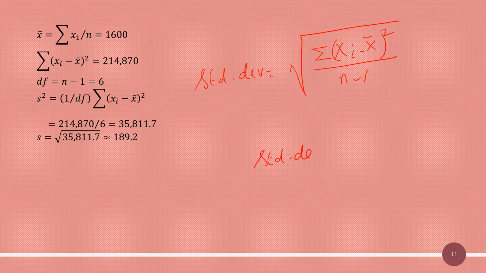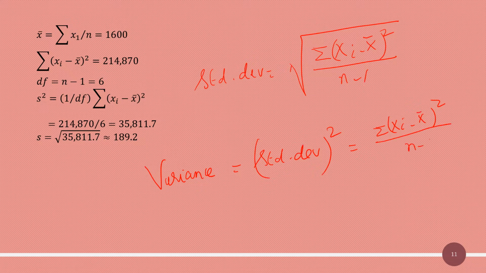The standard deviation squared is the variance. So if we want to find the variance, we just add the squares of all those deviations and divide by n minus 1.